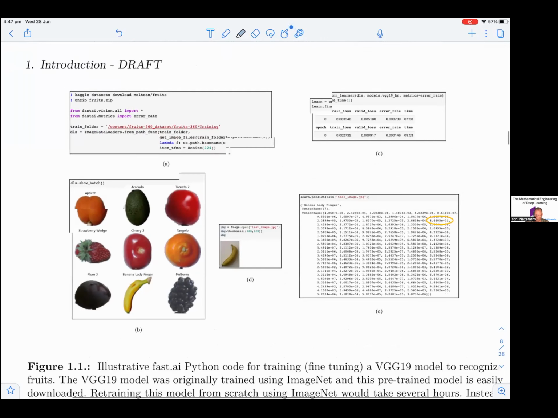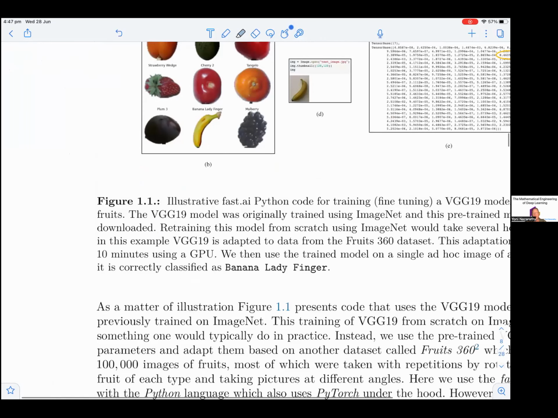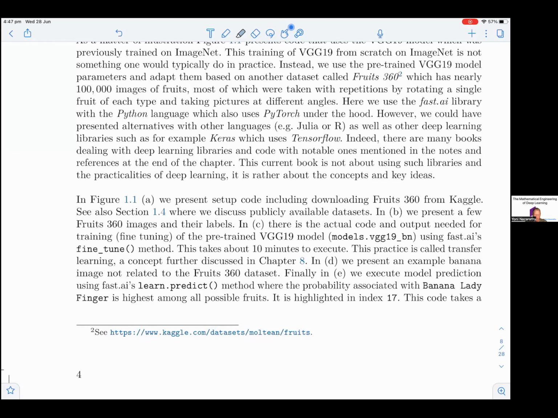Let's continue. In C, there's the actual code and output needed for training, in this case called fine-tuning, of the pre-trained VGG19 model, models.vgg19_bn, using fast.ai's fine-tune method. This takes about 10 minutes to execute.